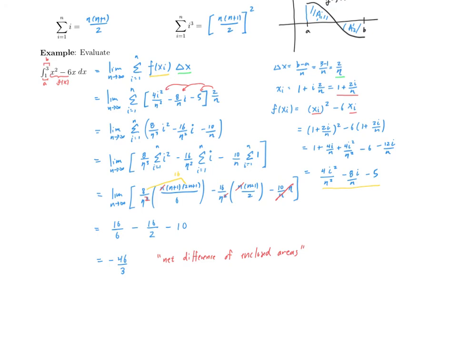So for this particular function, x squared minus 6x between 1 and 3, we could certainly say it encloses more area underneath the x-axis than it does above the x-axis. So I would encourage you to sketch the graph of this function, x squared minus 6x, focus in on what's happening from 1 to 3, and just ask yourself if this number or quantity makes sense.